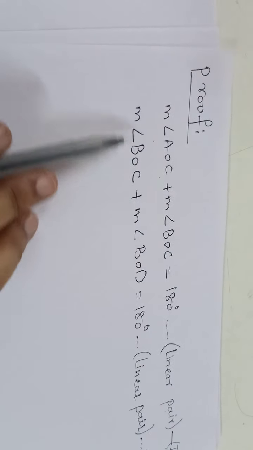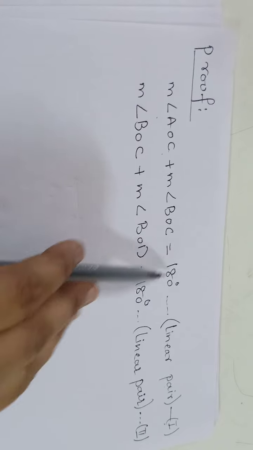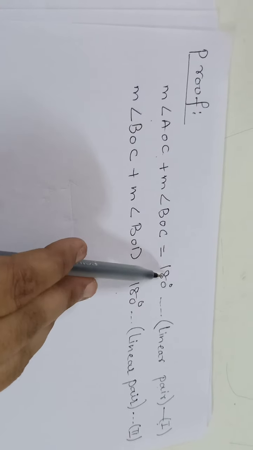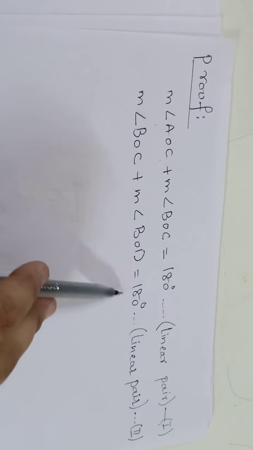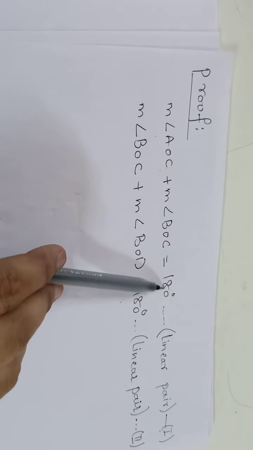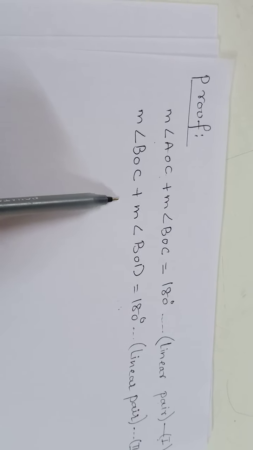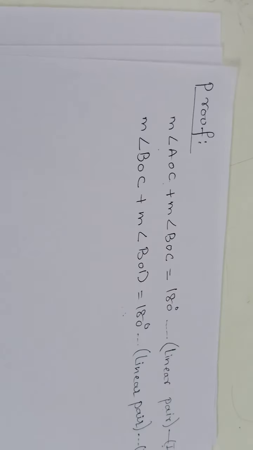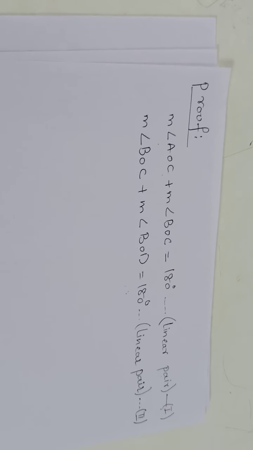Whenever we compare these two equations, you can see that both equations have the right side equal, that is 180 degrees. So if the right side of equations is equal, that means its left side will also become equal. I will show you separately, so it will be easy to understand.